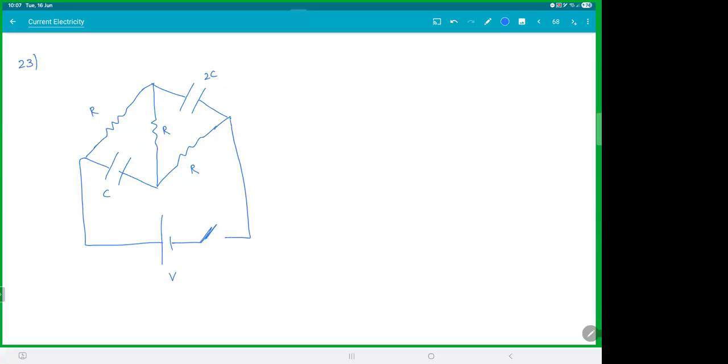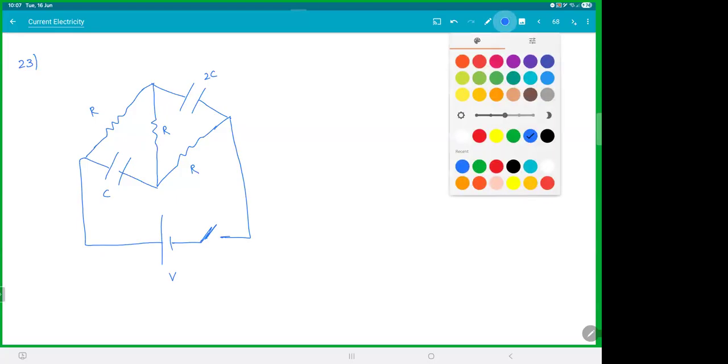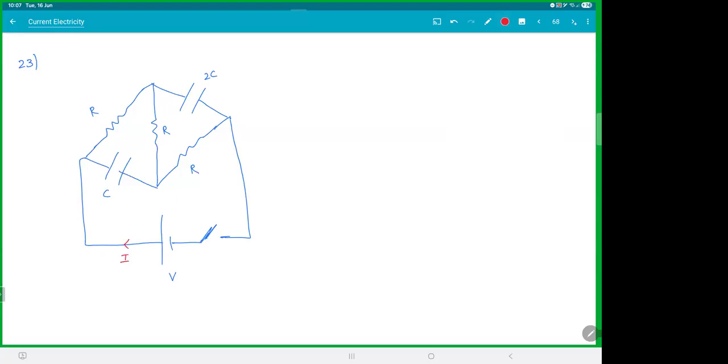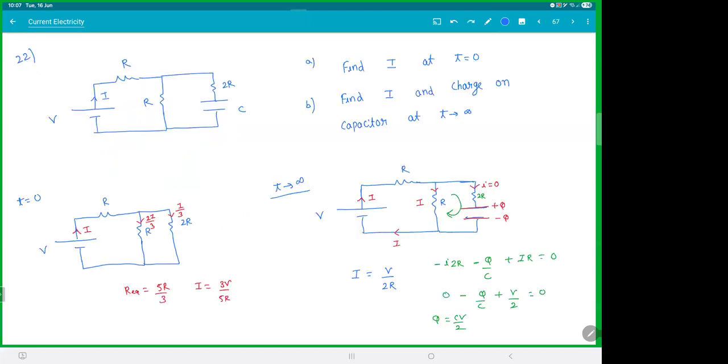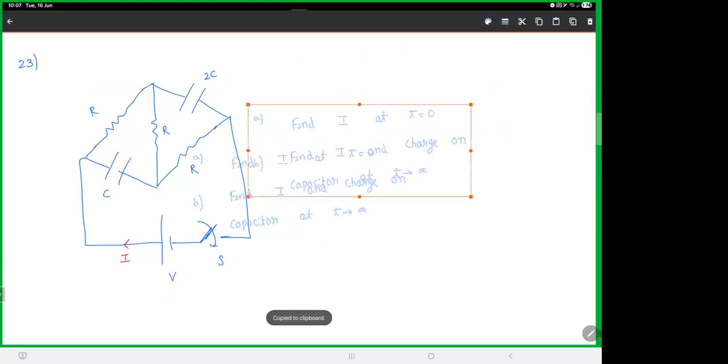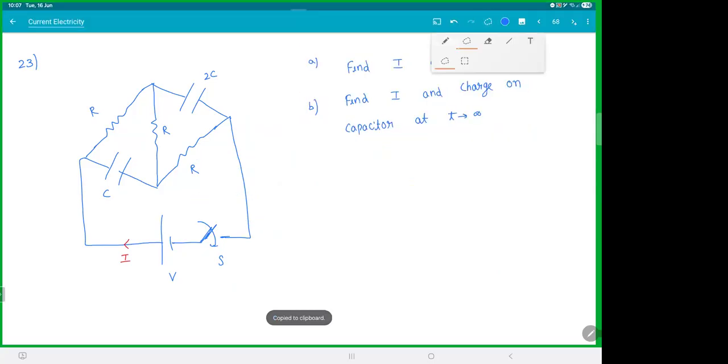So there is a switch here. This was I. Find I at t is equal to 0. Same question. And just copy the questions. Yeah, let's get this.